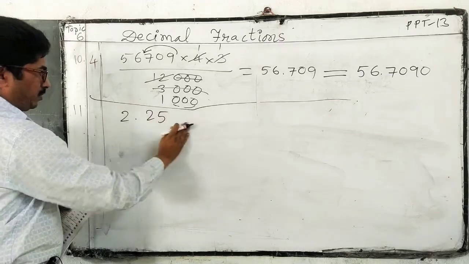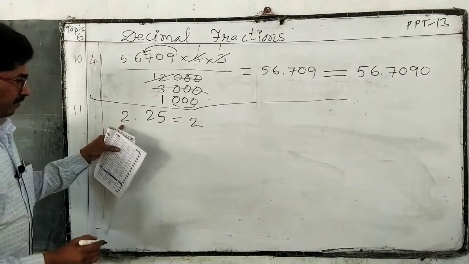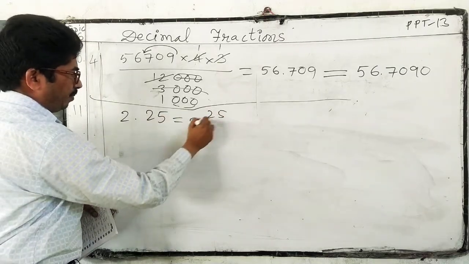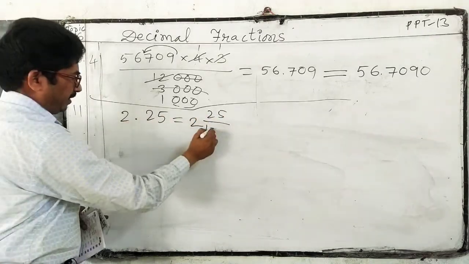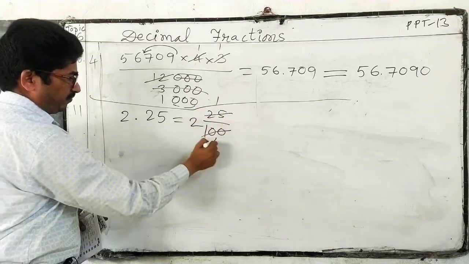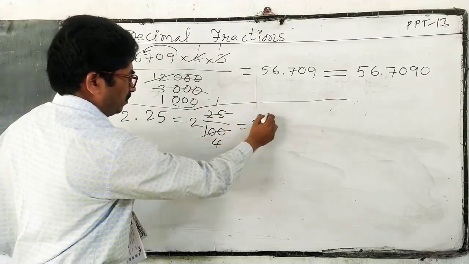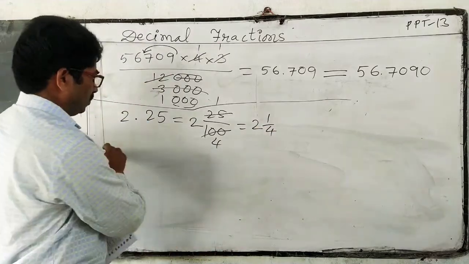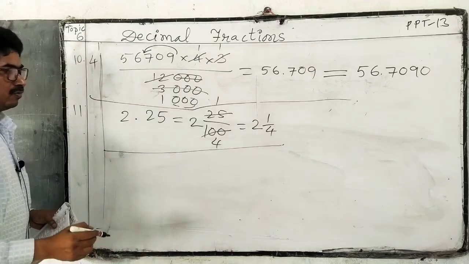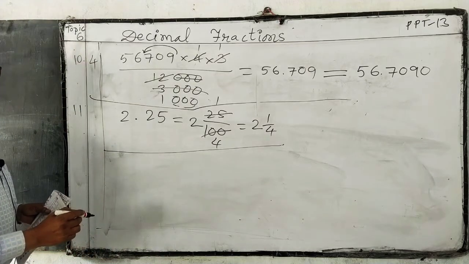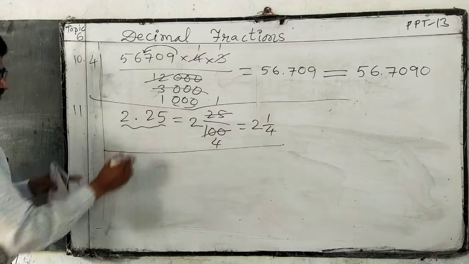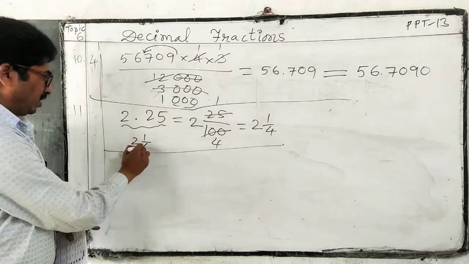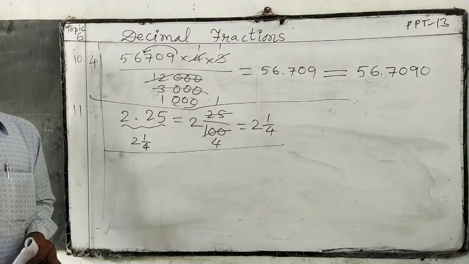Write the whole part as a whole number, 25 by 100. 25 ones are 25, 25 fours are 100, so 2 and a quarter, 2 1 by 4. We can identify this directly as 2 and a quarter.